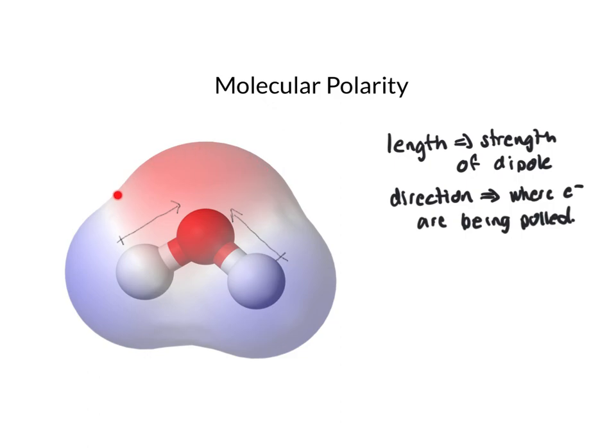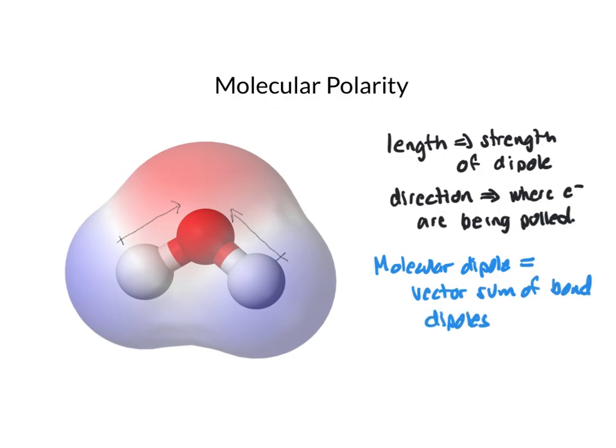If we look at the heat map for where the electrons are in this whole molecule, we can see that there's more electron density up here where the oxygen is and less electron density down here where the hydrogens are. So this entire molecule has a dipole moment as well. The dipole moment for the molecule is the vector addition of the dipole moments for the bonds. So how do I add dipoles?